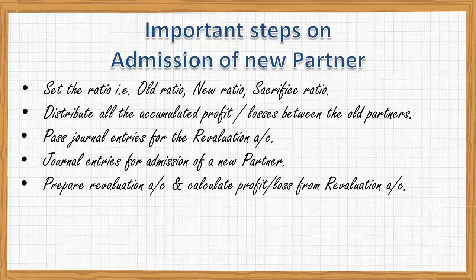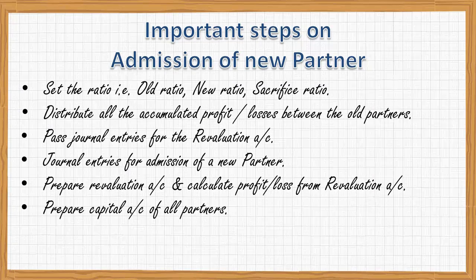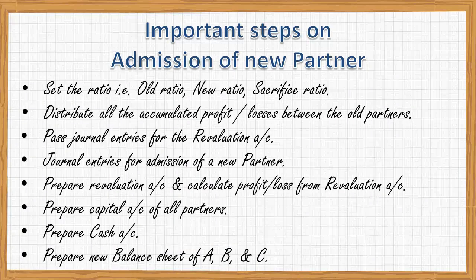And after that, prepare capital accounts of all the partners, I mean to say old partners as well as the new partner. And after that, prepare cash account, and after completing cash account, prepare the new balance sheet of A, B, C. So these are the steps you have to take every time whenever you find the question of admission of a new partner.